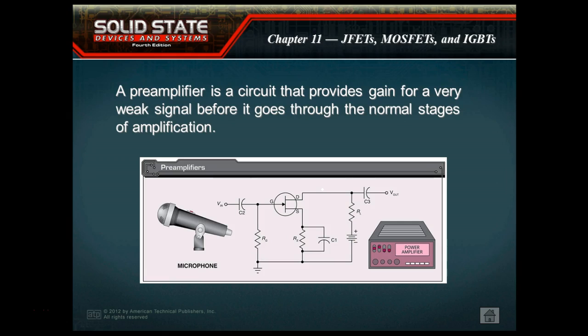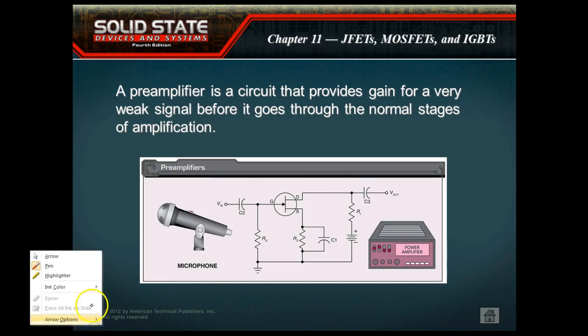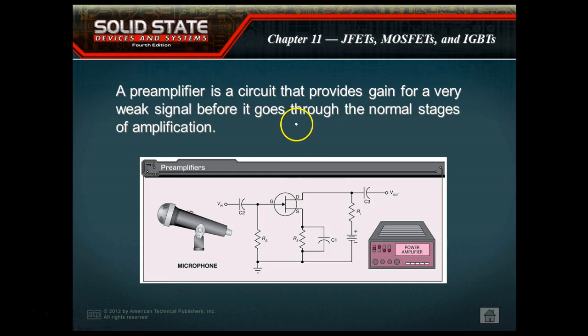The preamplifiers. Now, in stereos, normally your amplifiers are set into two stages. We have a preamplifier, or what we affectionately refer to as a preamp. You might have heard that term before. We're going to draw the amplifier as just a triangle, and then the preamp feeds into the power amp.